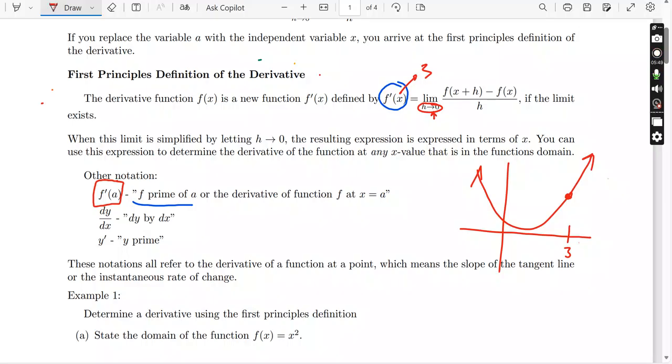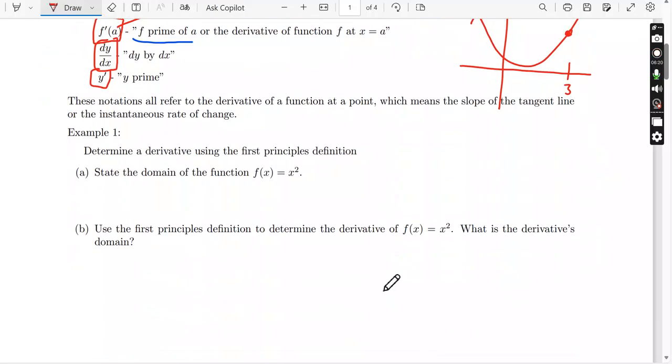You would have seen these three notations. f prime of a just means the instantaneous rate of change, or the derivative of f at a. dy dx, dy over dx, means the same thing. dy by dx just means the derivative of y at x, and then y prime again just means the derivative of y. These notations all refer to the derivative of a function at a point, which means the slope of the tangent line or the instantaneous rate of change.